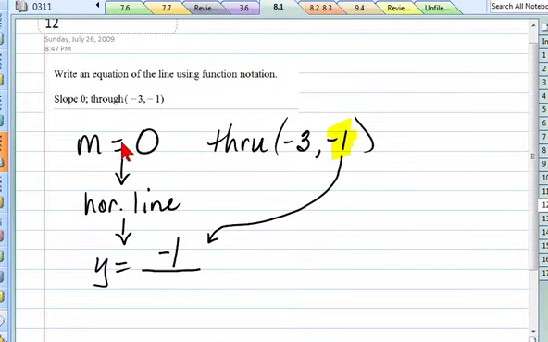So this little sequence shows our thought process. The slope is 0, told us it was a horizontal line, and that told us that it was of the form y equals. I went to the given point to grab the y value. Horizontal and vertical lines should be very fast to do. All right, so that was problem number 12.